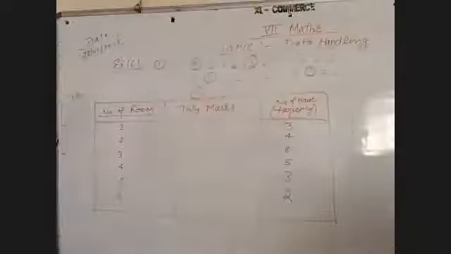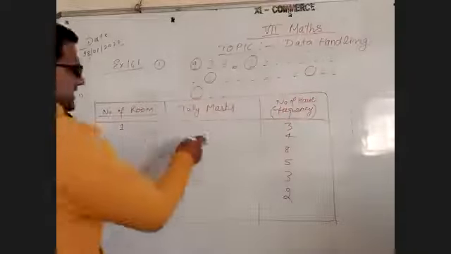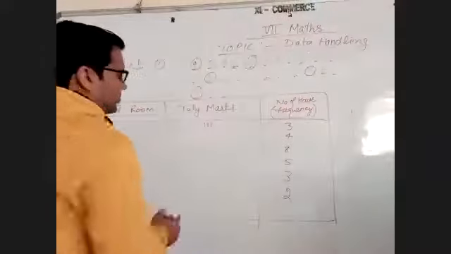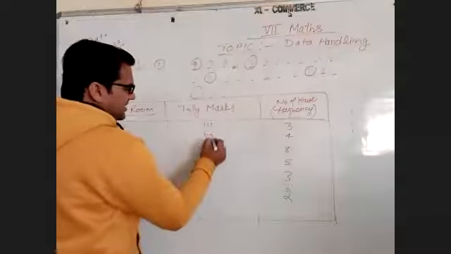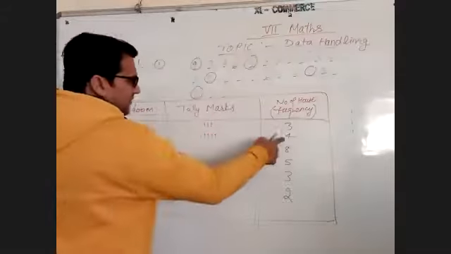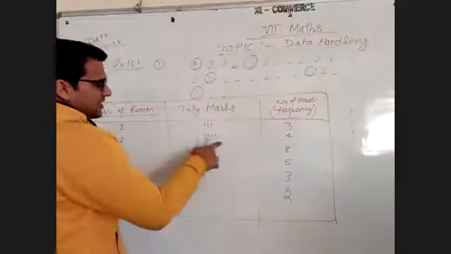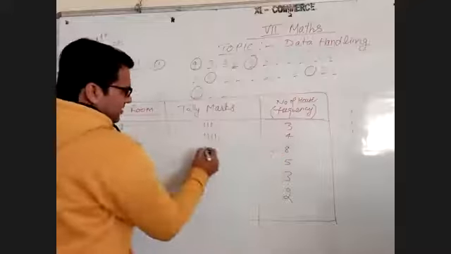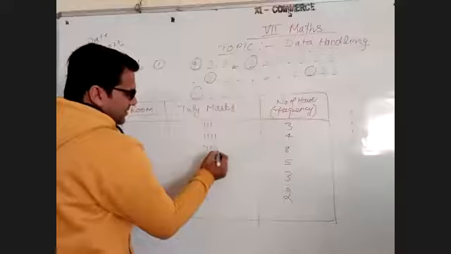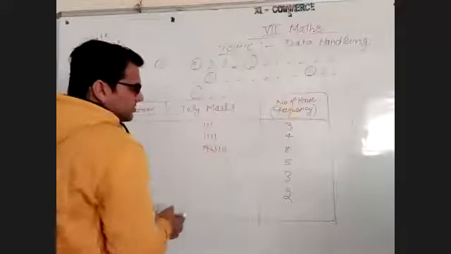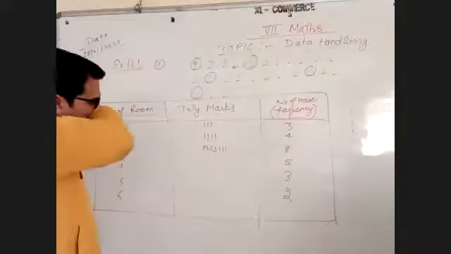And how to represent this frequency in the form of tally marks, there will be only 3 strokes. For the frequency of 8, you have to draw the tally marks. 4 strokes, and this is 5 and 3 strokes. टोटल आपका कितना बन गया है?